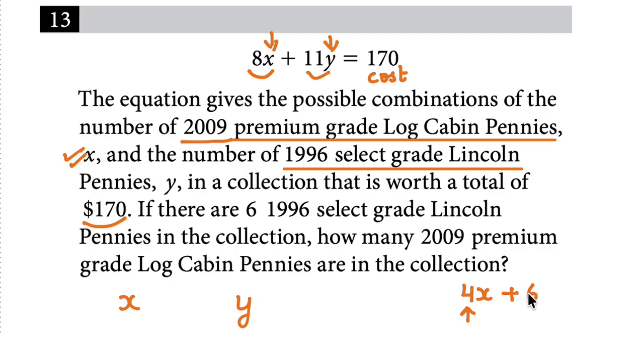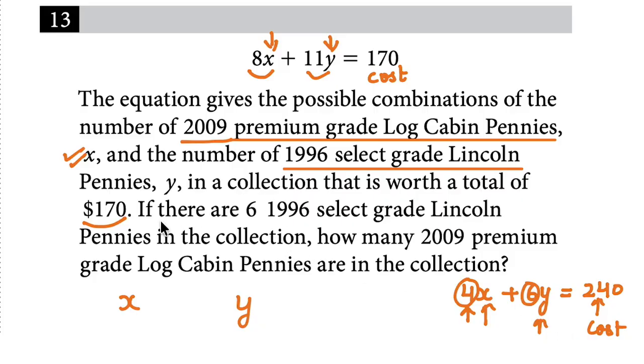And the dark chocolate is $6 and I am buying y number of chocolates and total cost is, let's say, 240. So what is this cost, right? So if x and y are the two types of chocolates, this 4 and 6 are the costs of the chocolates. So that means for these x kind of pennies, 8 per penny is the cost, and for y ones, 11 per penny is the cost. So 8x and 11y, total cost is 170 if you compare it with this.